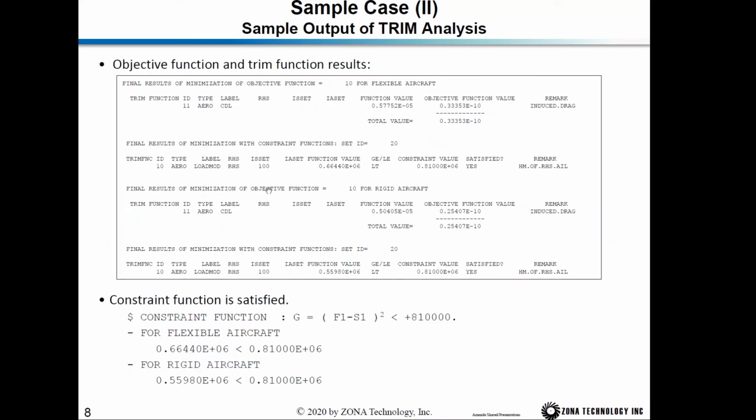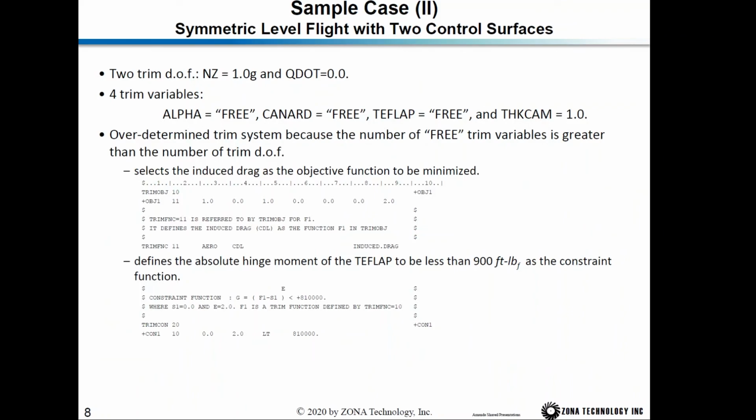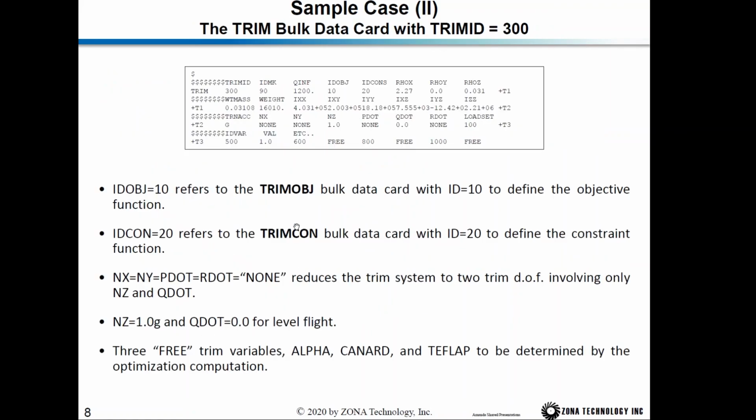So on the output, you will first print out the trim function. The induced drag function value is itself, but the objective function, let's look at the trim objective function, because we take a square, because we want the induced drag to be a positive value.